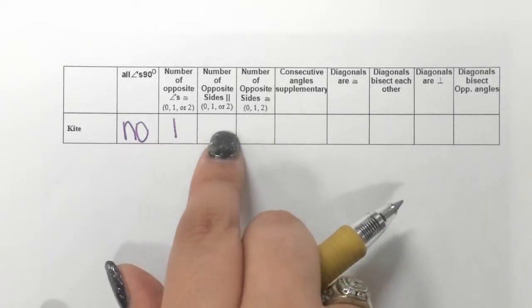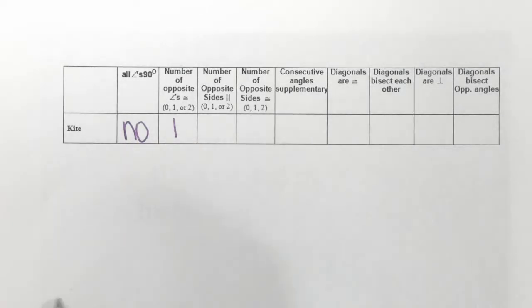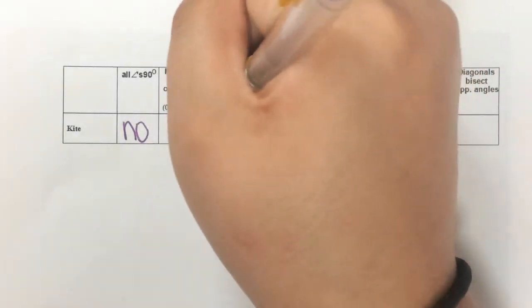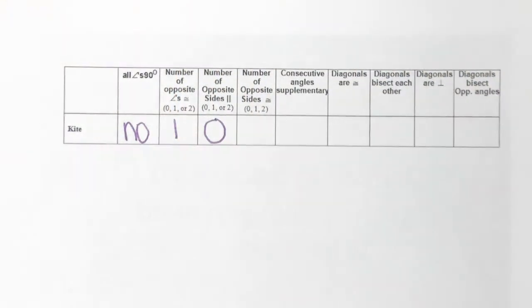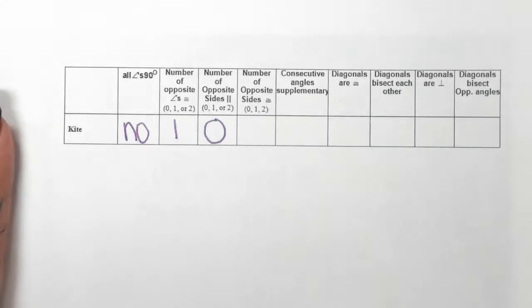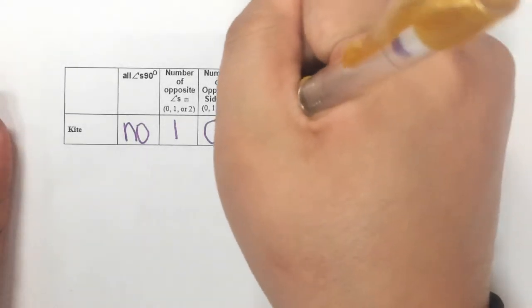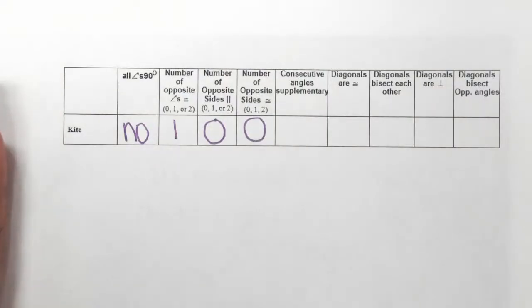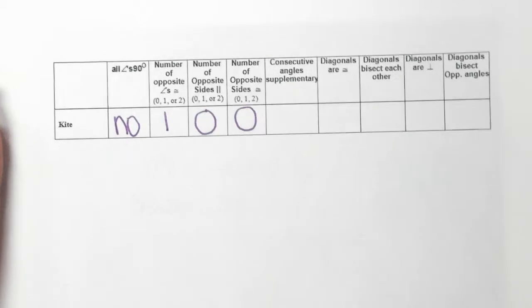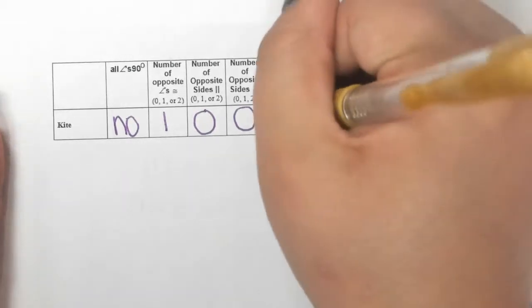The number of opposite sides parallel. 0. If there's 1, it's a trapezoid. If there's 2, it's a parallelogram. A kite is neither. The number of opposite sides congruent. 0. Those are consecutive sides. They're not opposite. Consecutive angles supplementary?